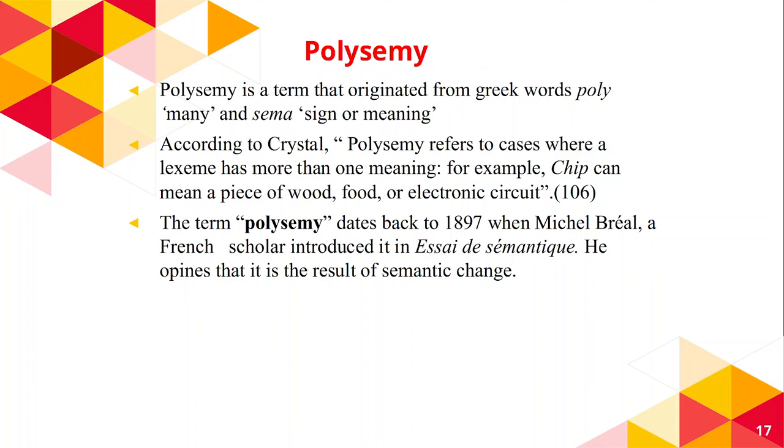David Crystal defines the term in this way: polysemy refers to cases where a lexeme has more than one meaning. For example, chip can mean a piece of wood, food, or electronic circuit. So, a single word conveying different meanings.